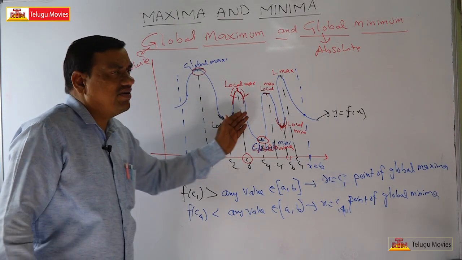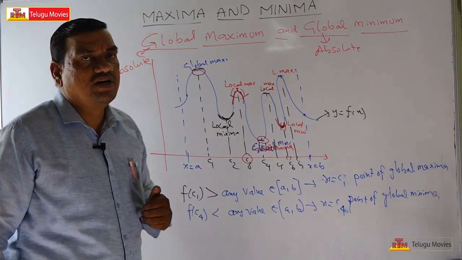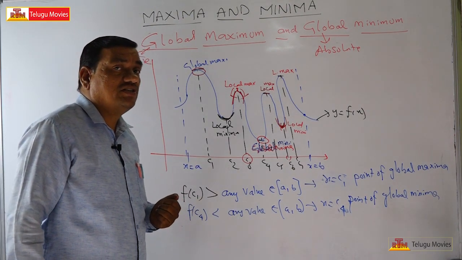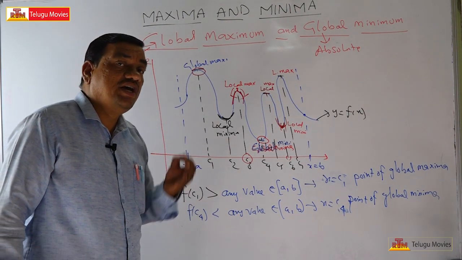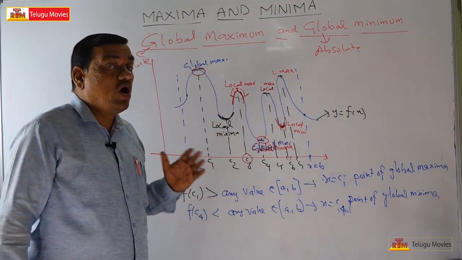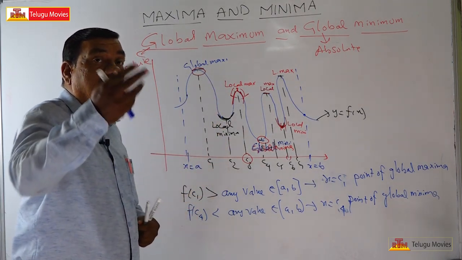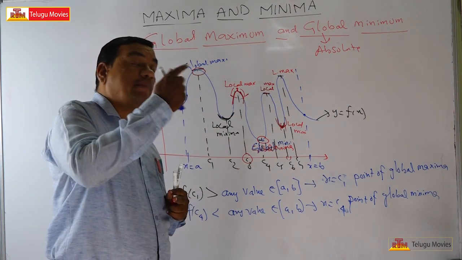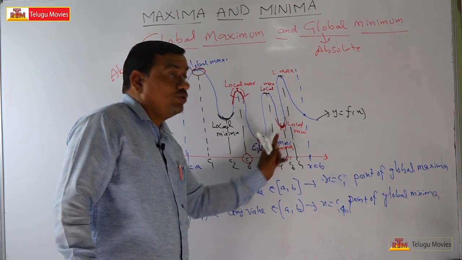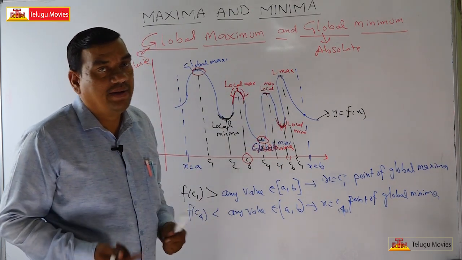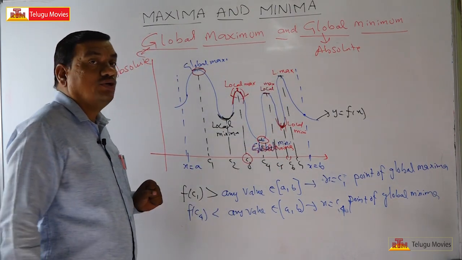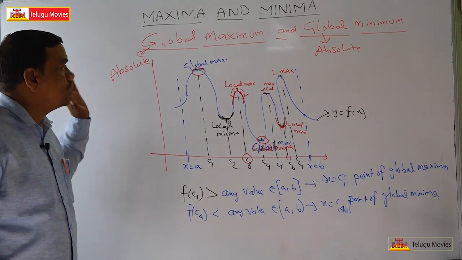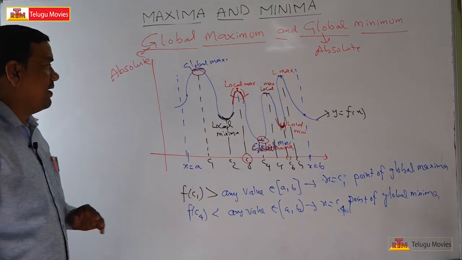But wherever turning points, stationary points, critical points are there, you will have a local maxima or minima, depending on, as I already told you, increasing to decreasing local maxima, decreasing to increasing local minima. Understand? I hope you understand the difference between global maxima and global minima.